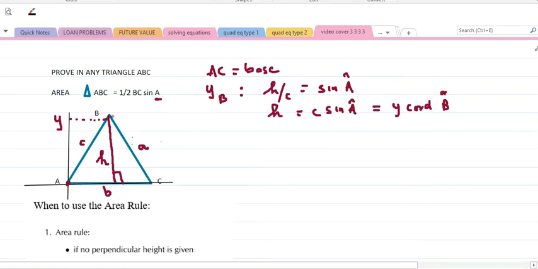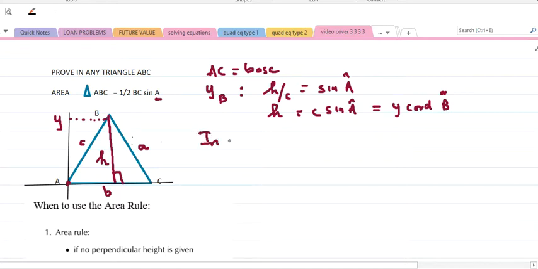So we have the y coordinate of B, which is given as c sine A. Now let's go and look at the proof of the area rule.